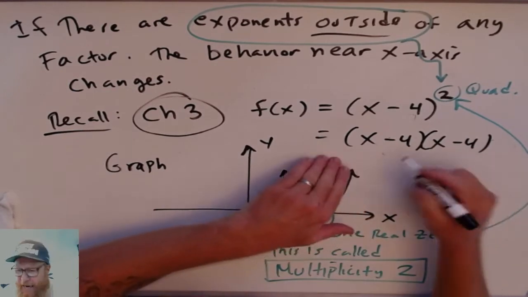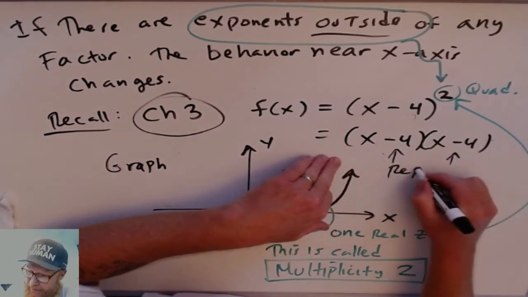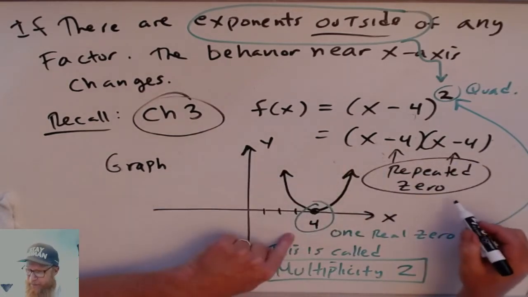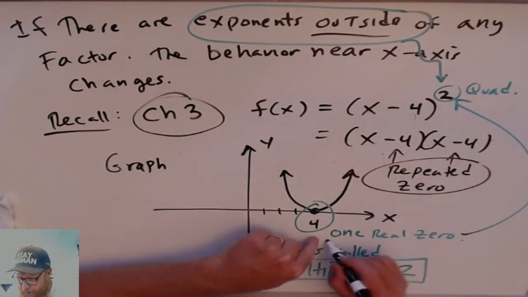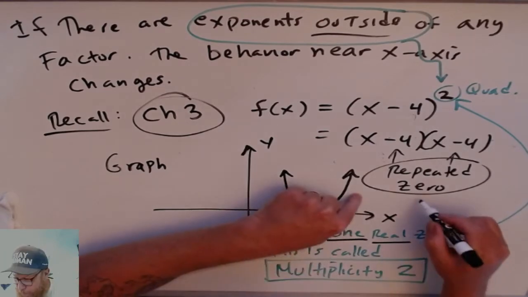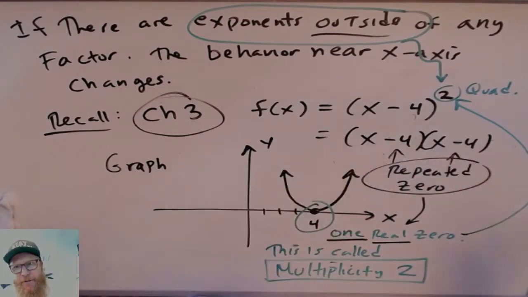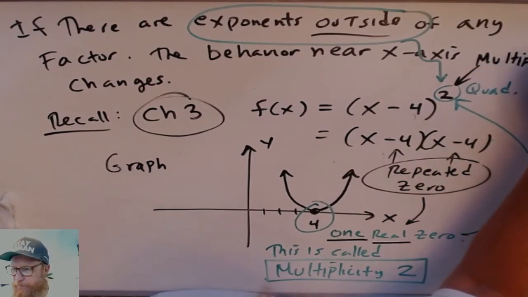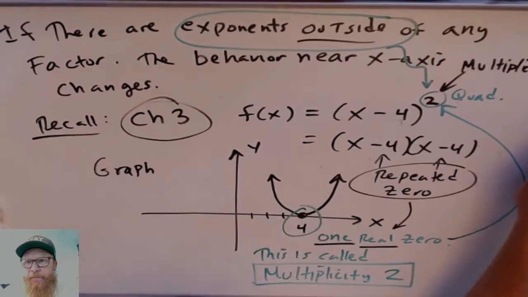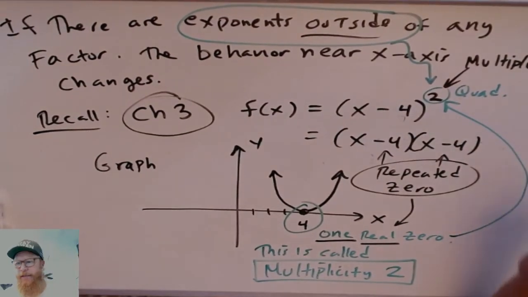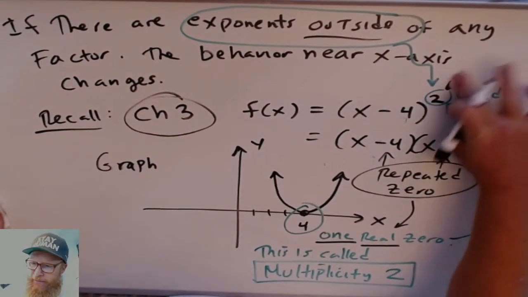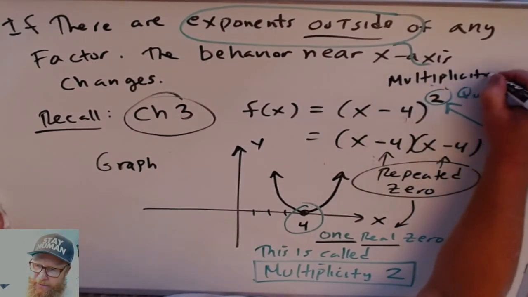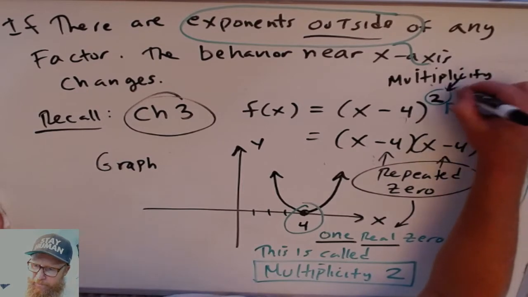It means that the same factor occurs twice. We call this a repeated 0. So even though there's only one real 0, it is repeated 2 times. The multiplicity is 2. Multiplicity. You can't read that, can you? Multiplicity. There, now you can read it.